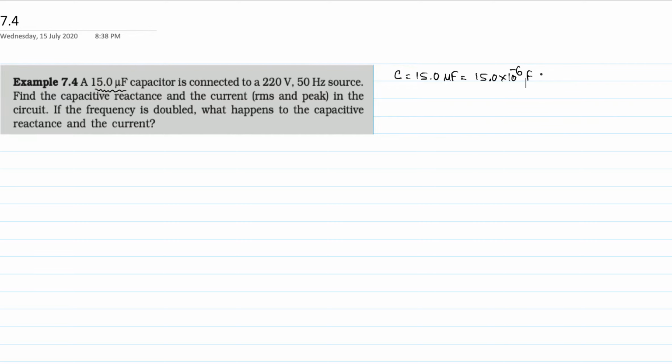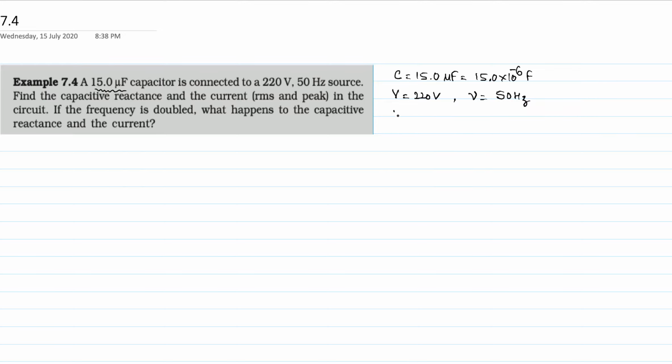It is connected to a voltage of 220 volt, and the frequency is 50 hertz. So find the capacitive reactance.